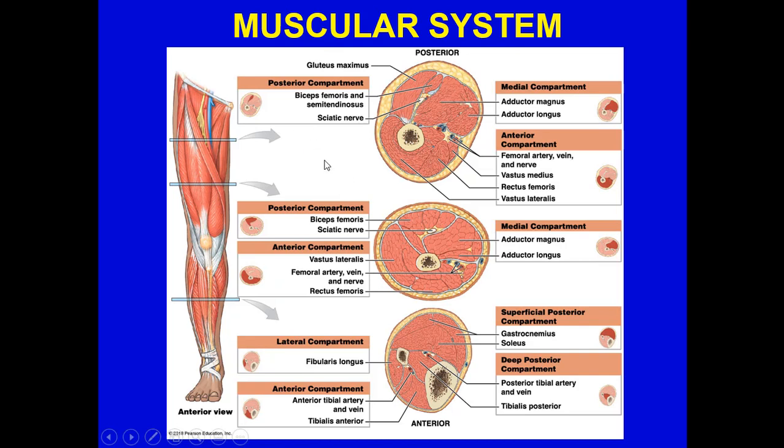Now, I'm not going to have you memorize all of the compartments, so you don't have to worry about that, but I would encourage you to get familiarized with them because they do play a key role in understanding where damage can occur, trauma can occur, and what will be the result of it.